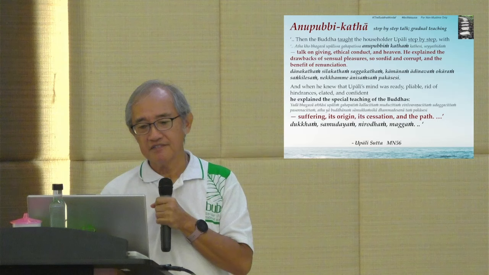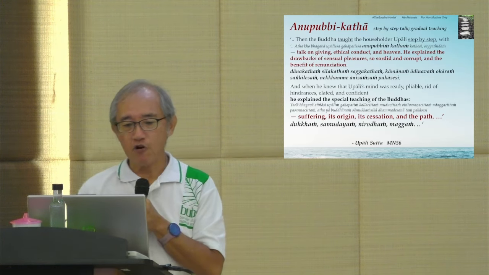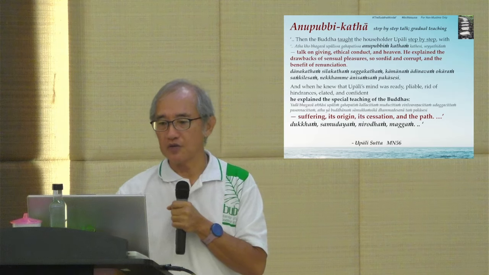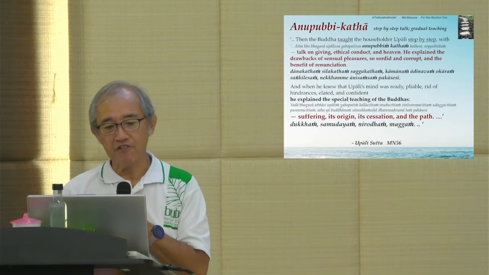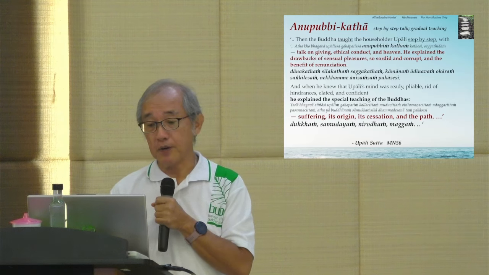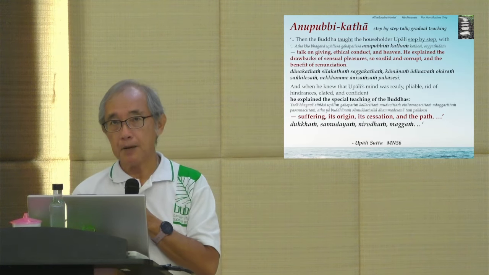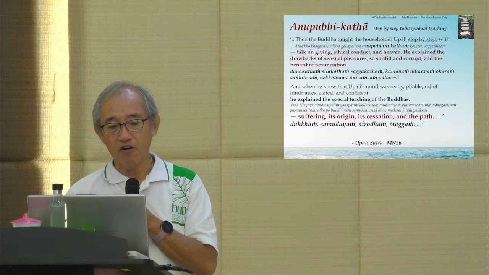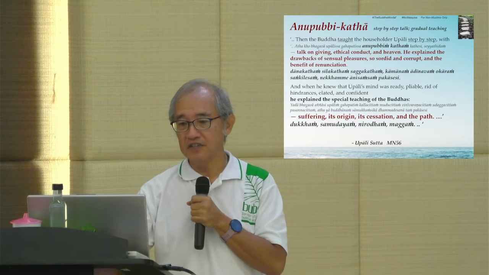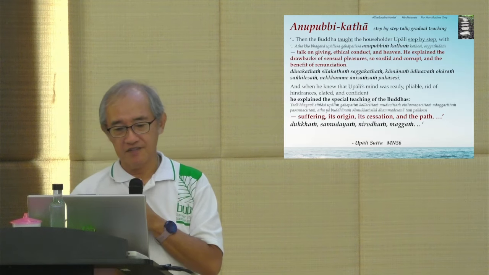Talk on giving, talk on ethical conduct, and heaven. He explained the drawbacks of sensual pleasures, so sordid and corrupt, and the benefit of renunciation. And when the Buddha knew, reading Upali's mind, that Upali's mind was ready, pliable, and rid of hindrances, elated and confident, he explained the special teaching of the Buddhas.